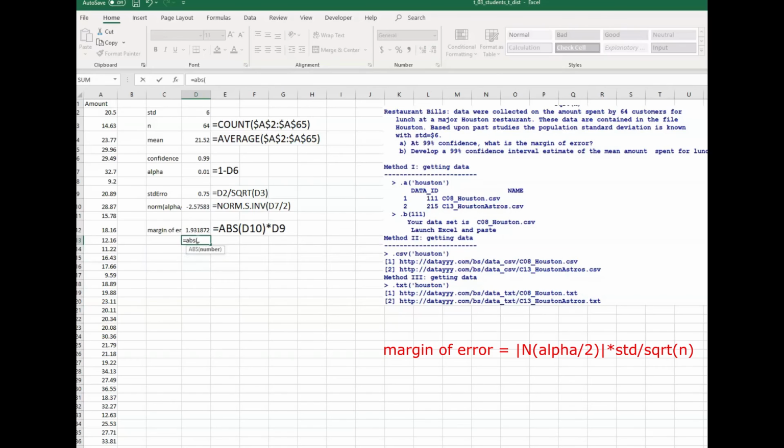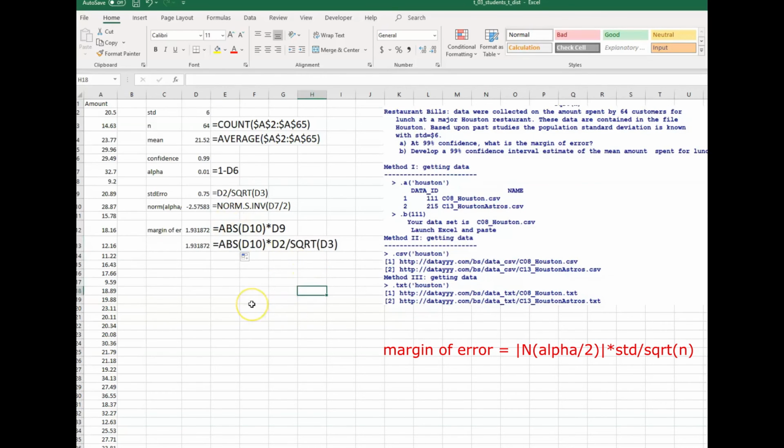Alternatively, we can use the absolute of this value times the given standard deviation divided by square root of n. We can directly apply the formula, so I'm going to copy the formula here.